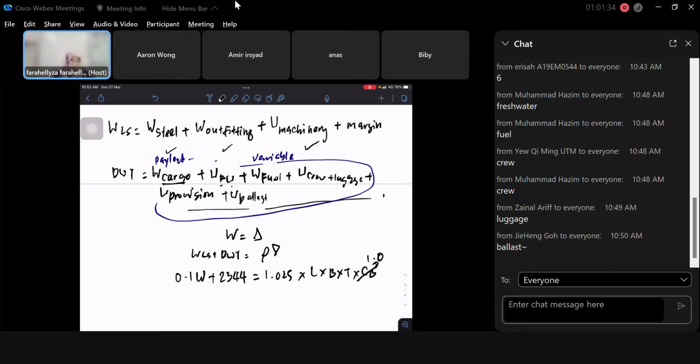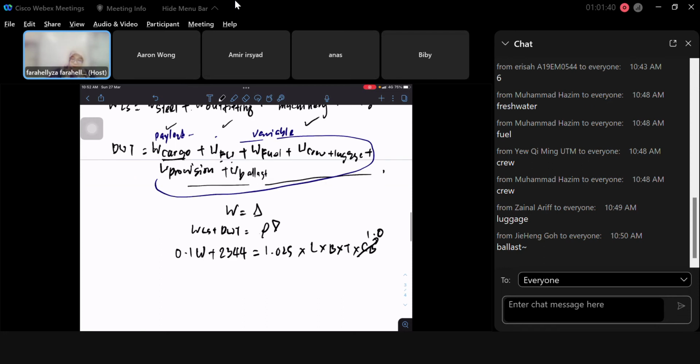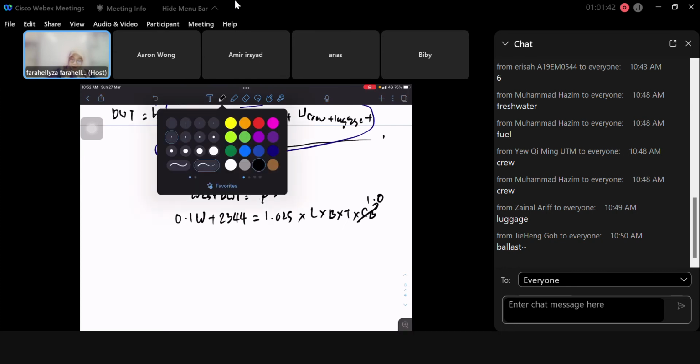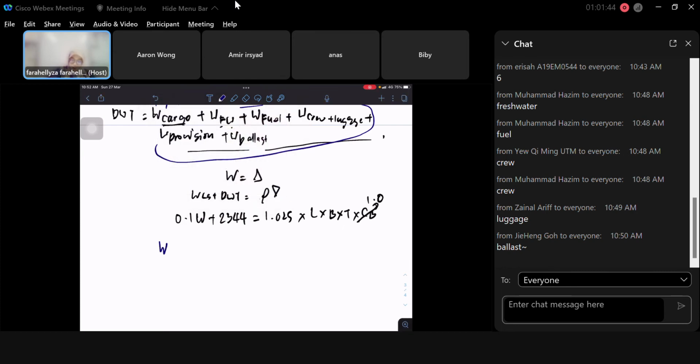So for this left part we can solve it. W is equal to 0.1 W plus 2344. So 0.9 W is equal to 2344.